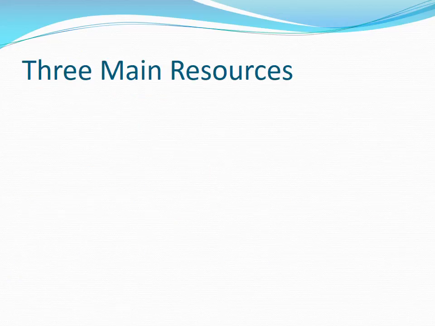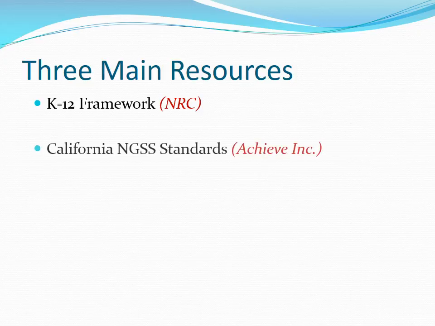Three main resources that we're going to use. One is the K through 12 framework, sometimes called the National Framework, written by the National Research Council. The next is the California NGSS standards, written by Achieve Incorporated, based on the K through 12 framework and approved by the framework writers. The California NGSS standards differ almost not at all from the national NGSS standards.